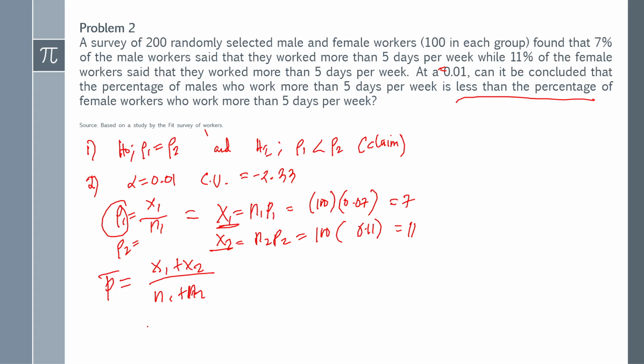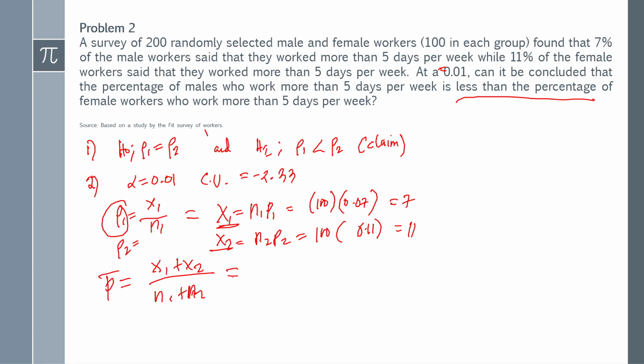In order to find the pooled proportion, we need to get the value for x sub 1 and x sub 2. To find them, we use the formula n1 times sample proportion 1. In each group we have 100, so 100 times 0.07 is equal to 7.